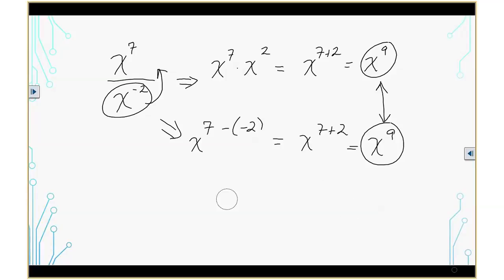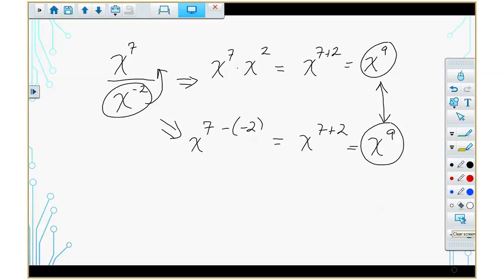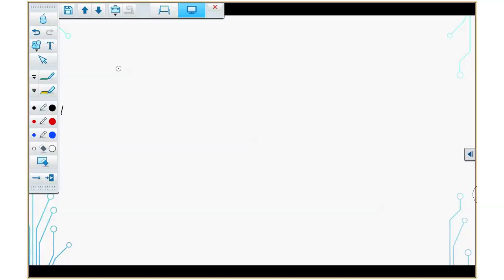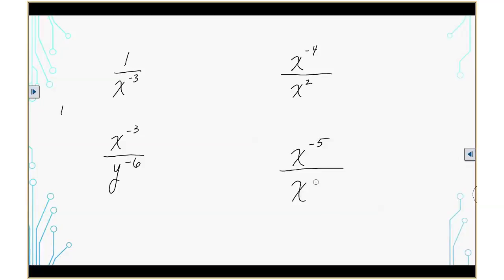So let's do a few more. 1 over x to the negative 3rd, x to the negative 3rd over y to the negative 6th, x to the negative 4th over x squared, and x to the negative 5th over x to the negative 2.